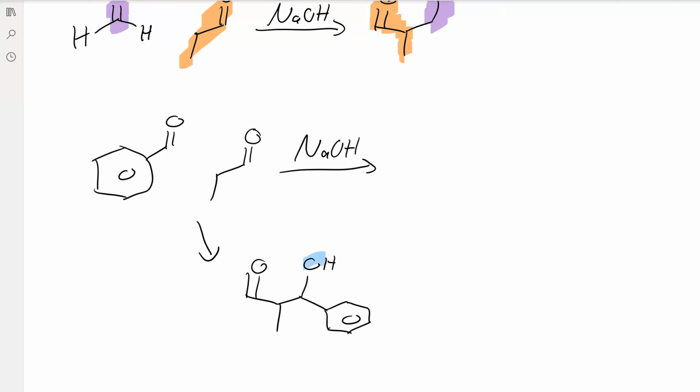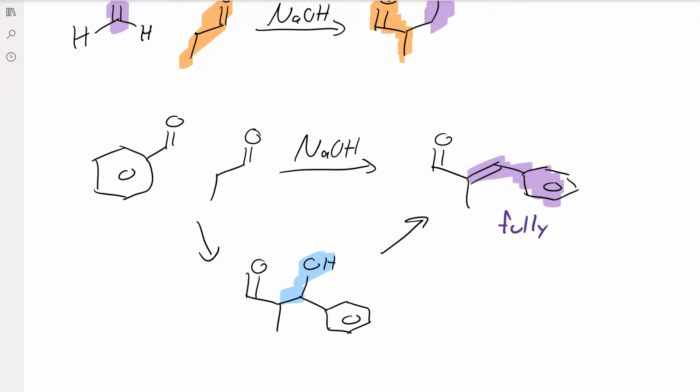But you can think about once this leaves and forms an alpha beta unsaturated aldehyde, we'll get a fully conjugated system right here. Right, and so it'll go straight to the product. You won't be able to isolate this aldol intermediate because the product is much more stable. And then even without heating, it'll go straight to the product.